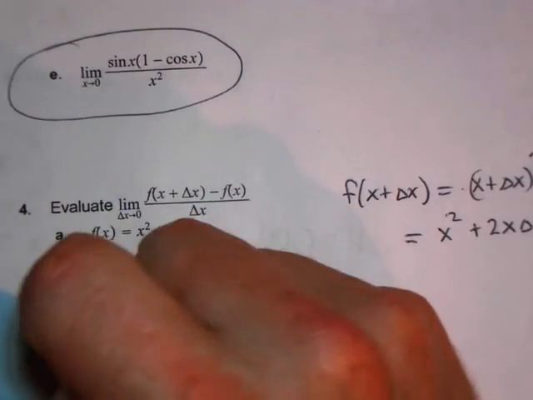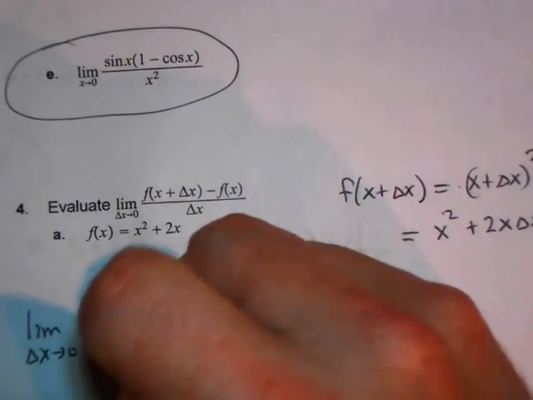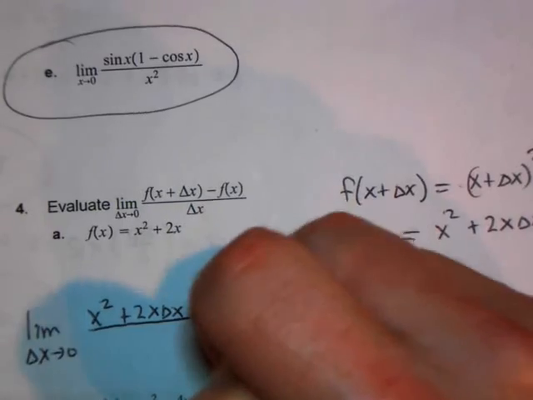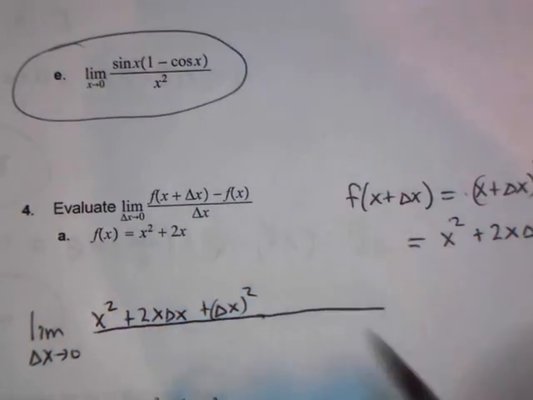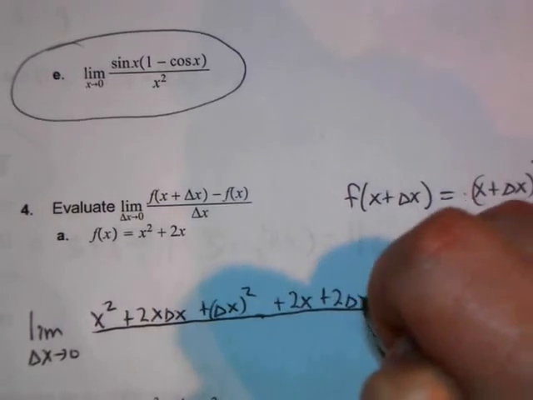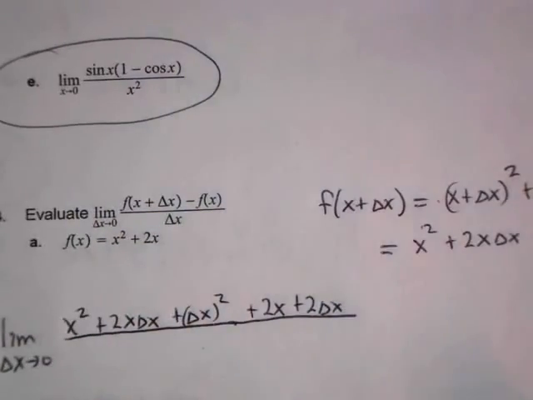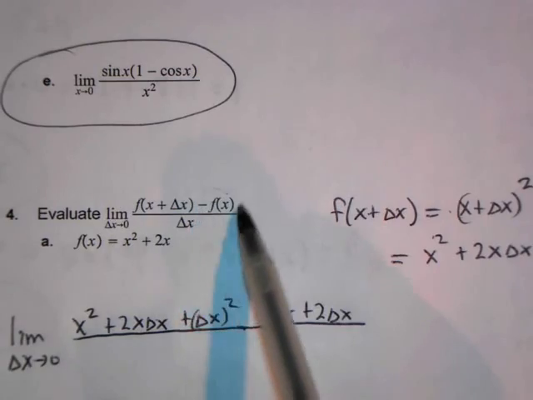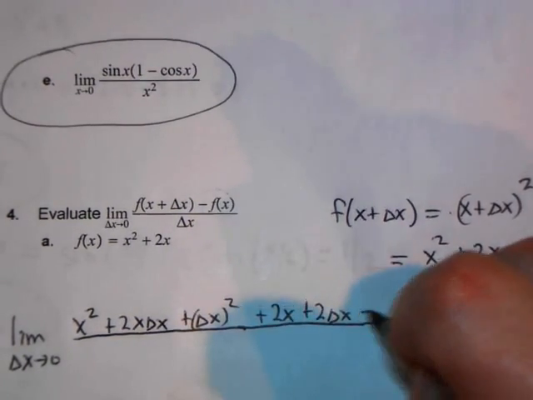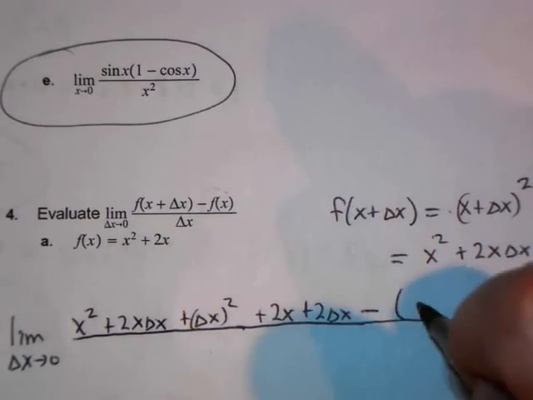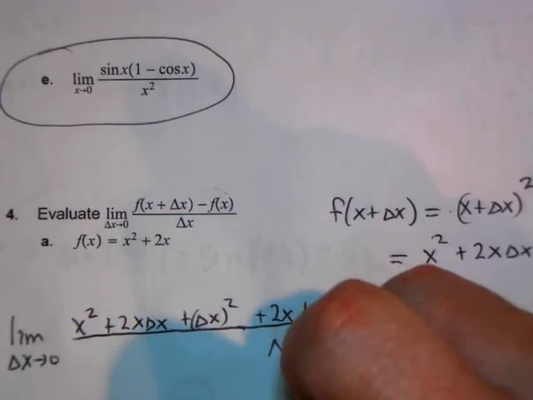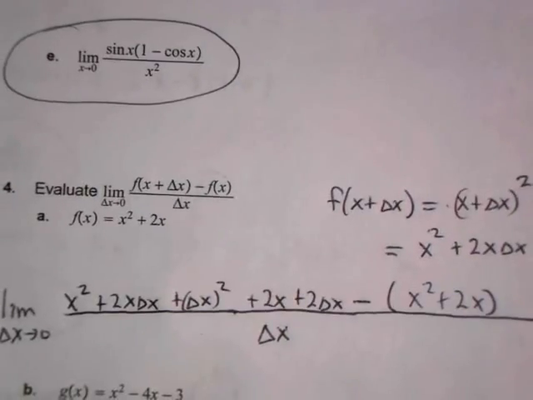That's x squared plus 2x delta x plus delta x squared plus 2x plus 2 delta x. And then I have to subtract the original function. Big long numerator here, minus the original function is x squared plus 2x, and everything is divided by delta x.